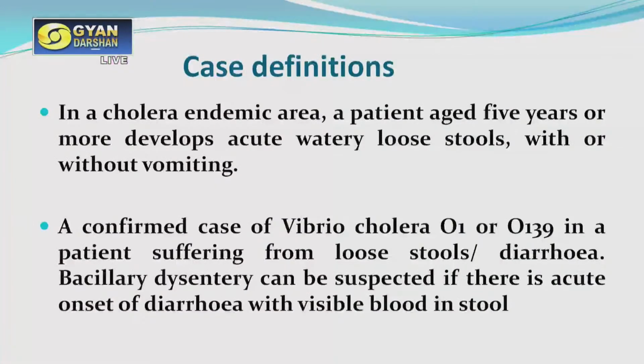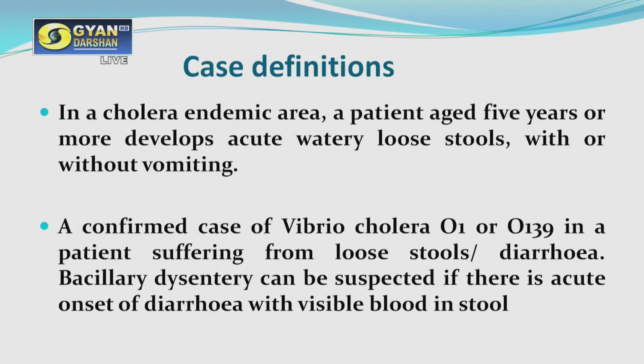In case of cholera endemic, cholera cases keep coming throughout the year, but in an area where cholera is endemic, a patient aged 5 years or more develops acute watery loose motion with or without vomiting, that you have to find out. And a confirmed case of Vibrio cholerae is a patient suffering from loose motion, diarrhea.